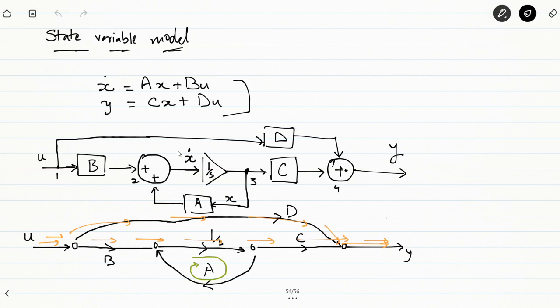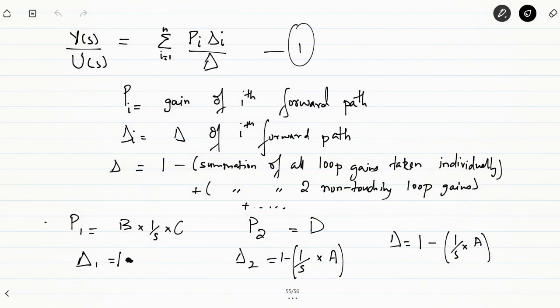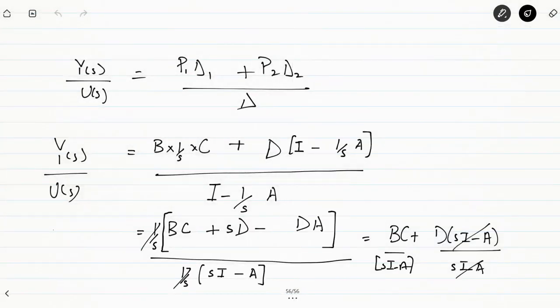So x dot can be a matrix. Now, if we want to represent all the state variables x1, x2, x3, we can do that also using the signal flow graphs. And if we solve the signal flow graph, we get ys equal to bc divided by si minus a plus d. Fine. We'll not consider this as the final equation yet, but you can use this equation for obtaining the transfer function from a state space model.